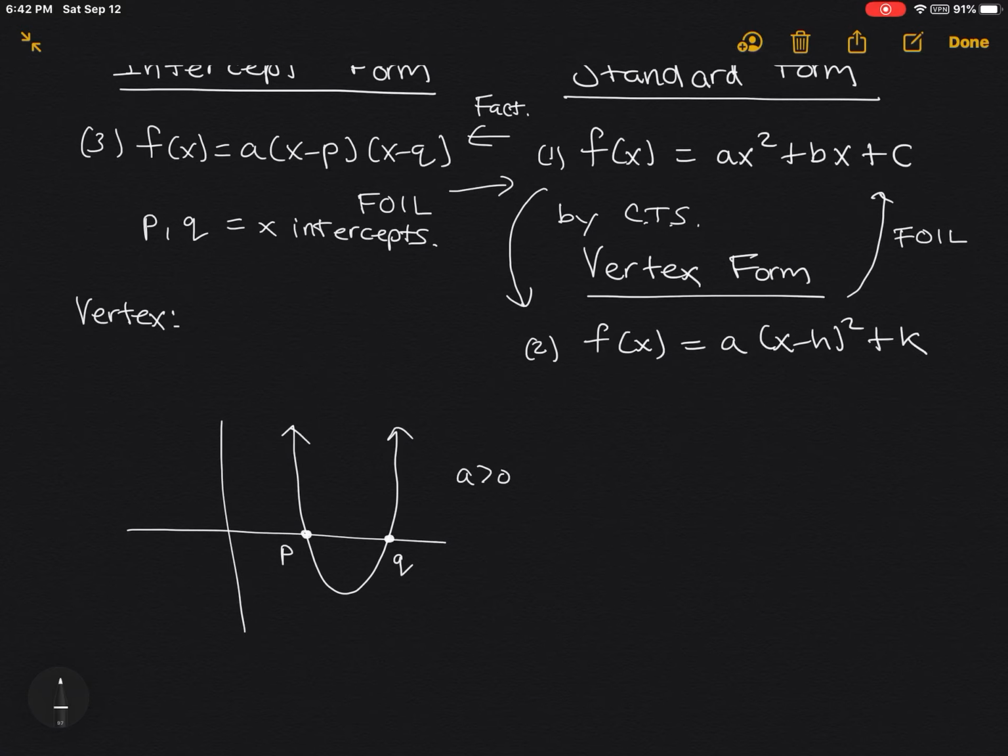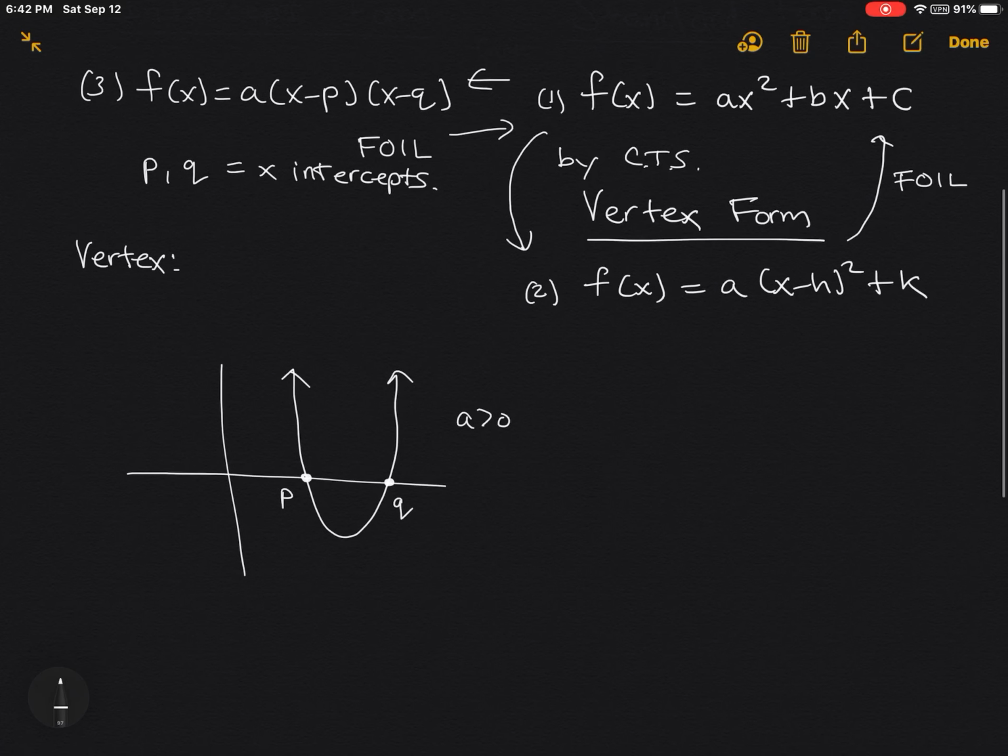Okay, now what is the actual vertex? That's a very, very important point for something in intercept form. Well, if you think about it, if this is the middle, the x value is just the middle between p and q, right? Remember, there's symmetry.